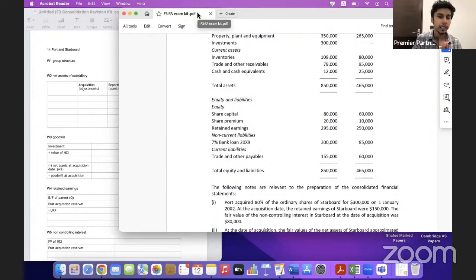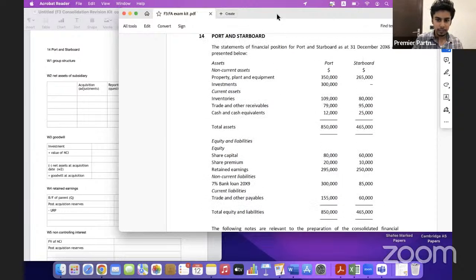Remember, if you buy the company at the start of the financial year, what does that mean? This question is finishing in December 2006, so it starts on 1st January 2006. If you buy the company on that date or way before that, then we consider the question to be a full year subsidiary.